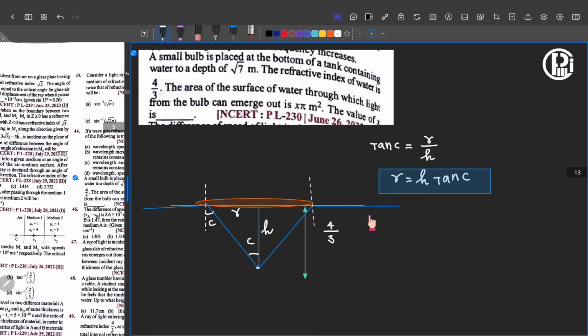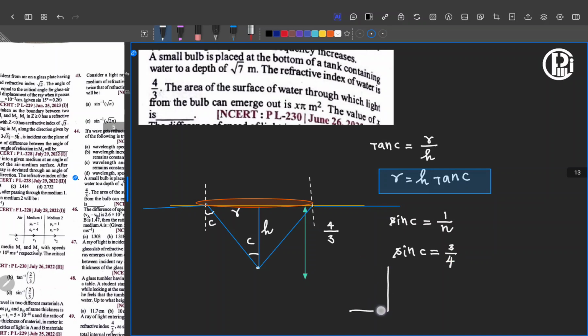Therefore I can write R is equal to H, which is root 7, into tan C. If you want to find tan C, you have to apply the critical angle formula. Sin C is equal to 1 by n. So sin C is equal to 1 by 4/3, which is 3/4.